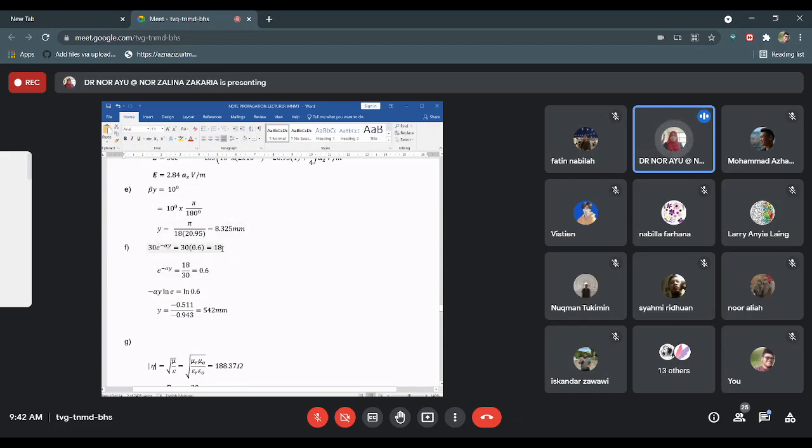So it will be 18. Okay. And then you use ln e also. So ln e equals 1, negative alpha y equals ln 0.6, y equals 542 millimeter.